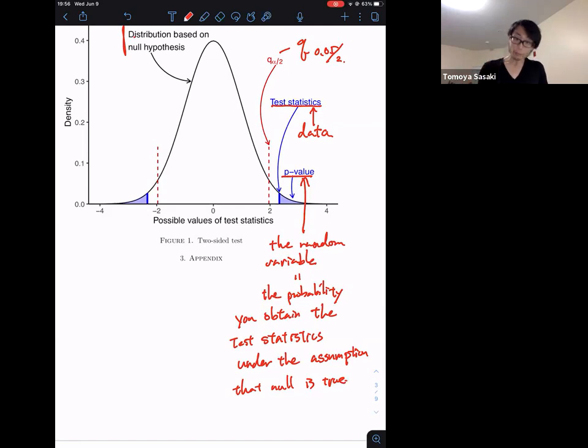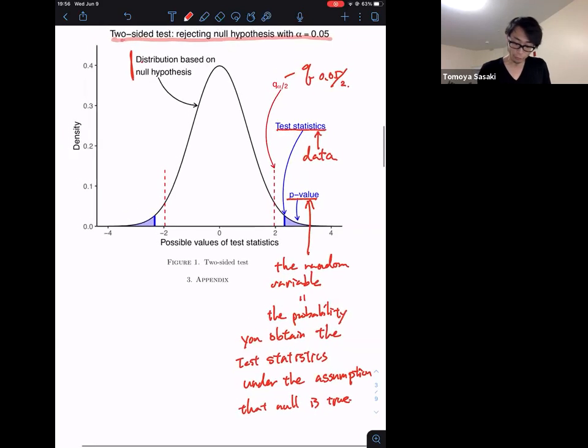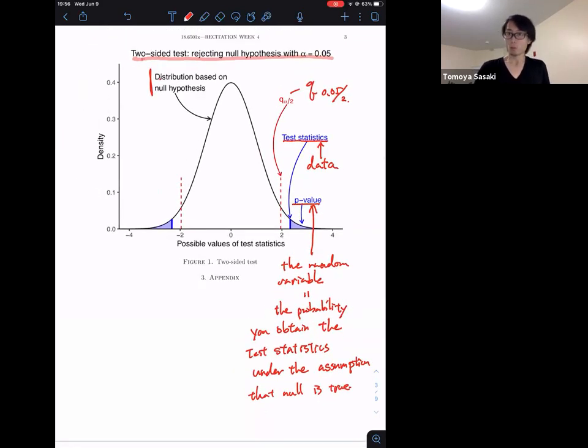This is a random variable because it depends on data, right? It is a function of the test statistics, which is also a function of data. So I really want to emphasize here that p-values and hypothesis testing are all about the null distribution and how unlikely you are to observe this test statistic under the null.